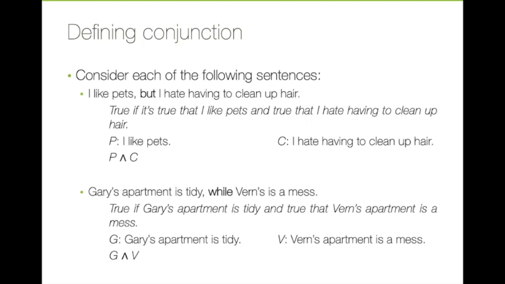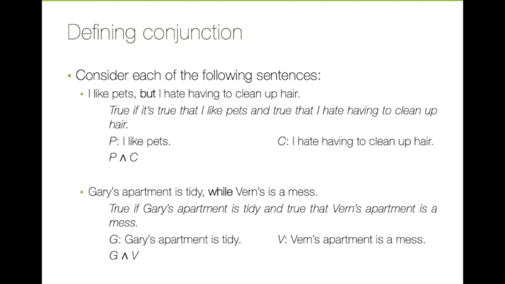Let's say it's true that I hate having to clean up hair, but it's false that I like pets. Then this whole thing is false, because we can't say I like pets, but I hate having to clean up hair if I don't even like pets. So in that case, the whole conjunction will be false because one conjunct is false.